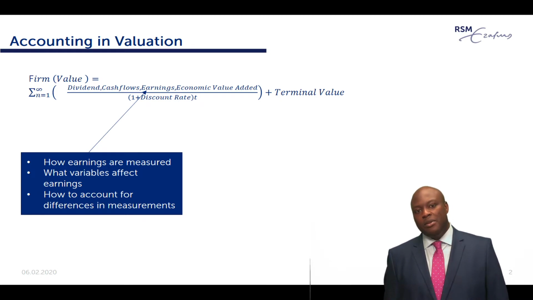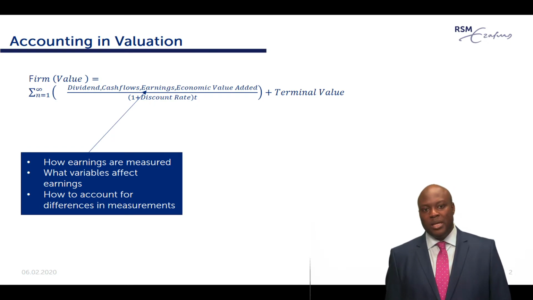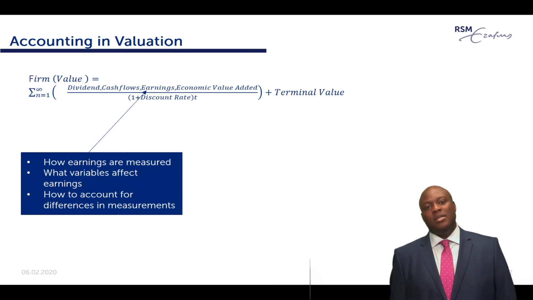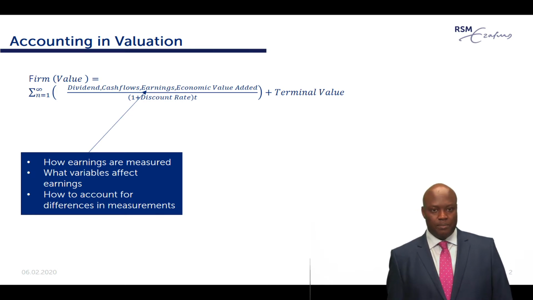Or are you valuing the firm on the consolidated level? Are you valuing the parent company or the subsidiary? Are you valuing the consolidated financial statement reported or only the standalone parent reporting? All of these would affect your numerator.